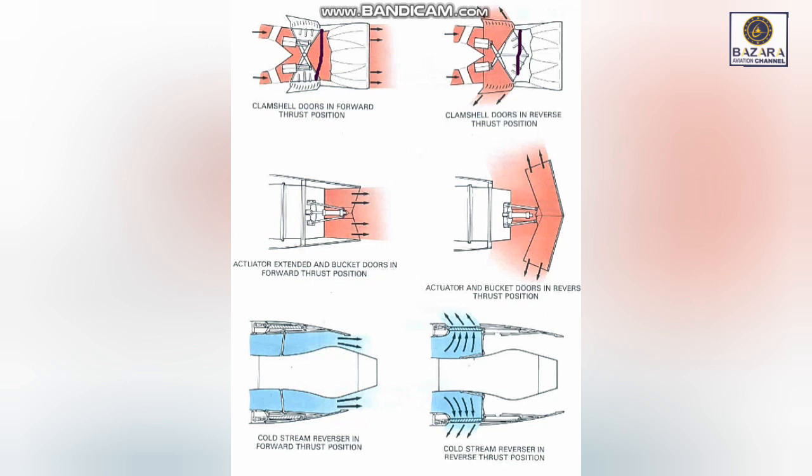This angle directs the air in this way and prevents any air with the mixture from coming through. So this type places a mechanical block that rejects gases leaving the engine and changes their direction at a certain angle. This blockage is installed externally at the end of the engine, and this type is called clamshell doors.